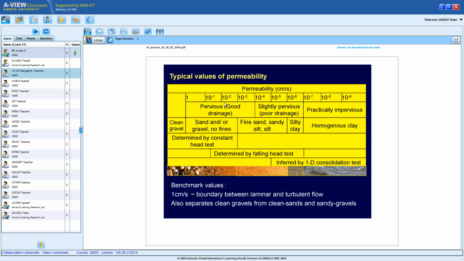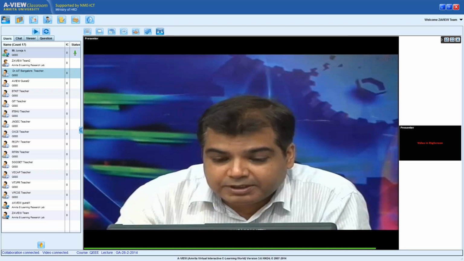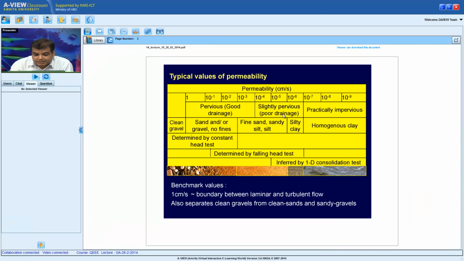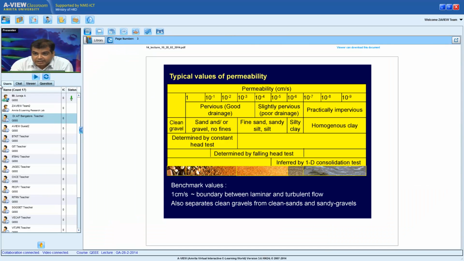The horizontal axis is the soil permeability, mind you, in centimeter per second. So if I want to take it in meters per second, I just add two more decimal places. So that's 10 to the minus 11 or so. Usually your Montmorillonite clay would be somewhere around this value.